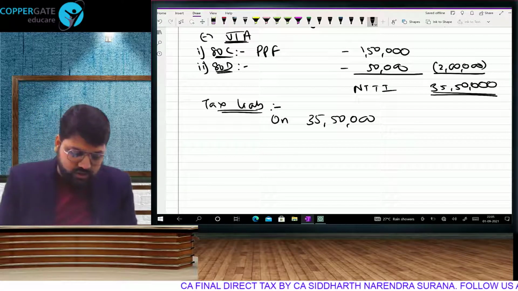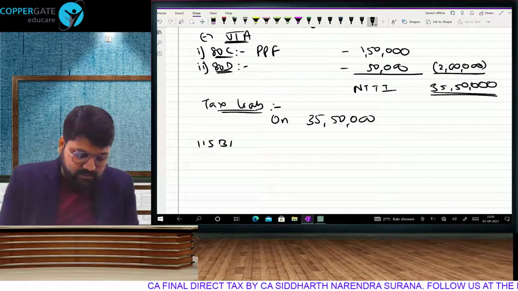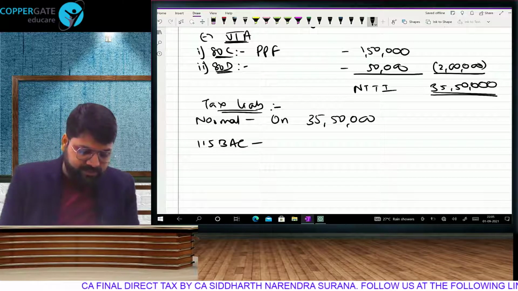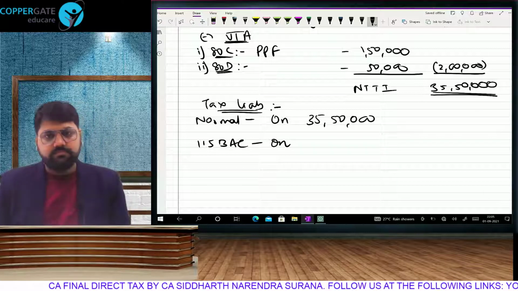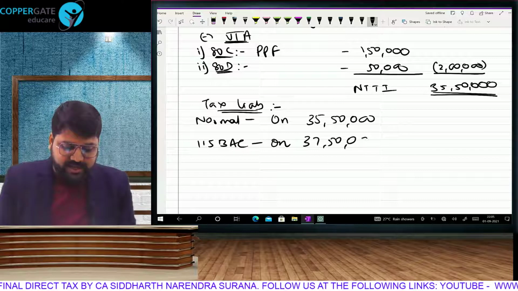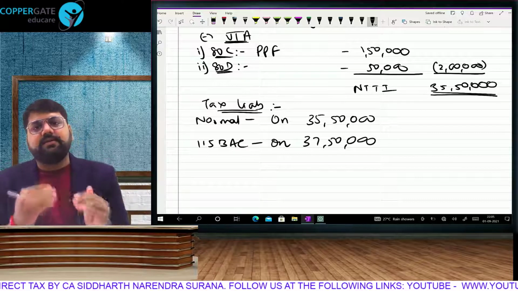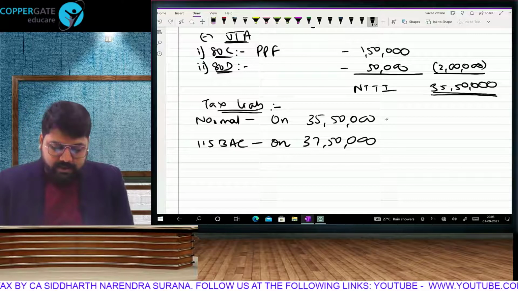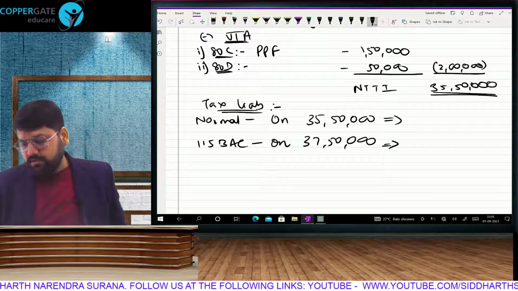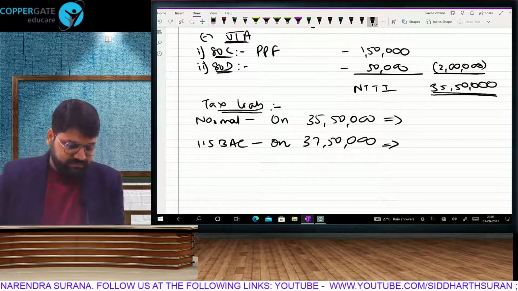We have to also calculate on what income? Tell me the income, please. Don't disappoint me this time. Why 3750? Because the only change that has happened is he has taken the deduction which will not be allowed. So this as per old and this as per new. Please don't make the mistake now.